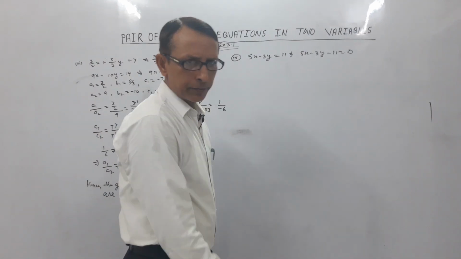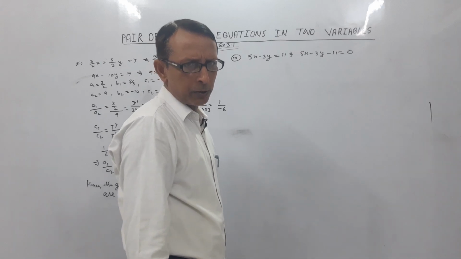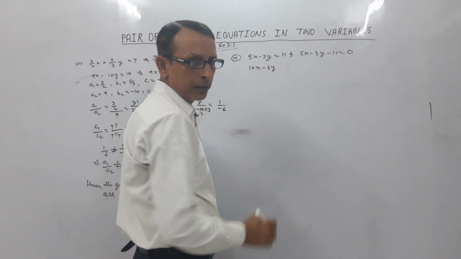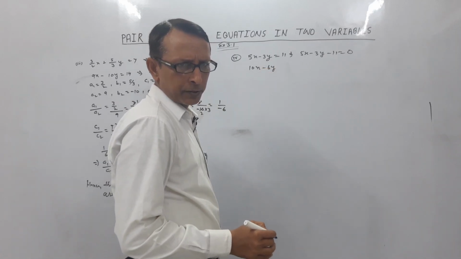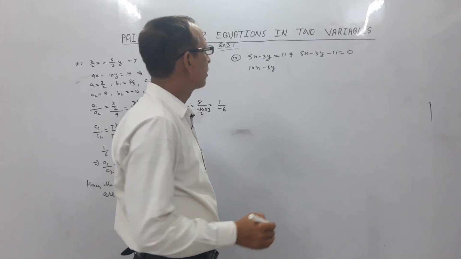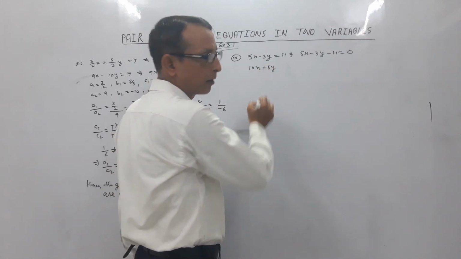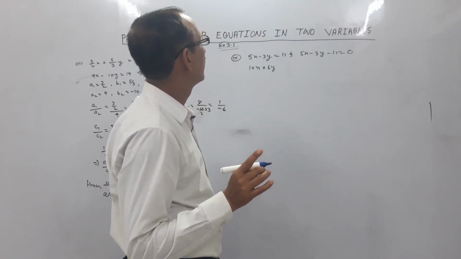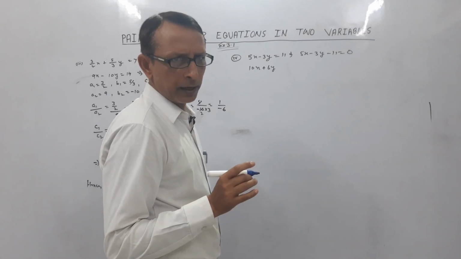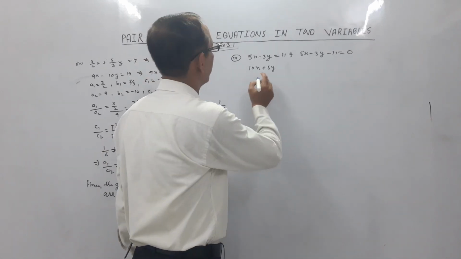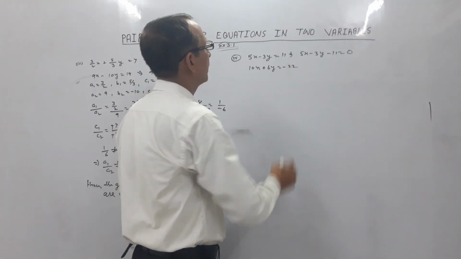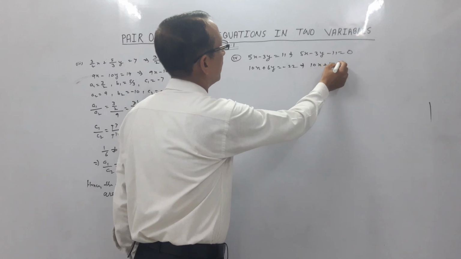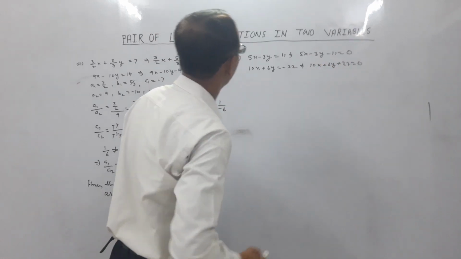Now second equation. 10x plus 6y equal to minus 22. First is 5x minus 3y equal to 11, and second is 10x plus 6y equal to minus 22. So then implies 10x plus 6y plus 22 equal to 0.